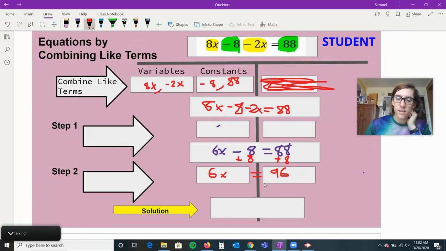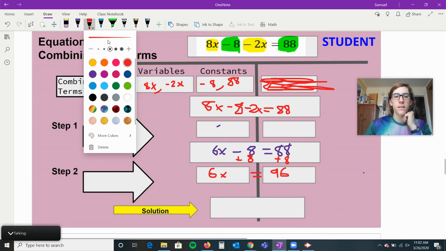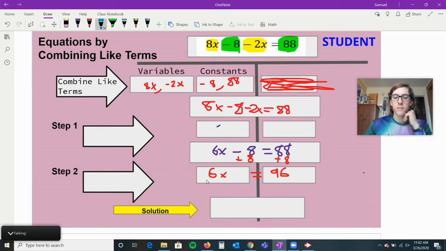96. And now to get x by itself, we're going to divide both sides by 6. So 6 over 6 is 1 whole, so that's going to be x is equal to 96 divided by 6.